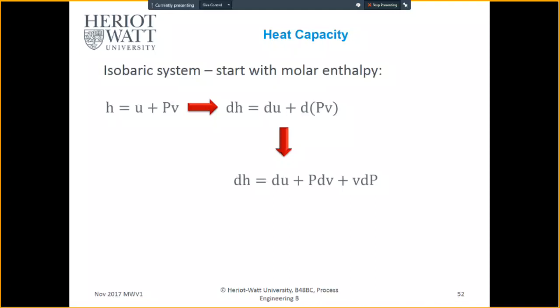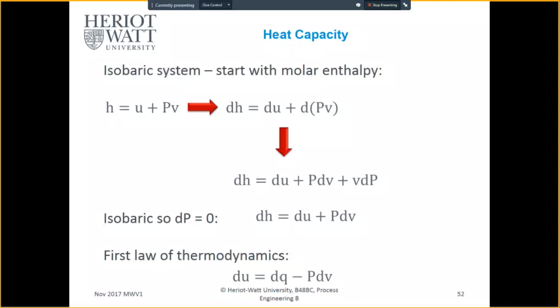And that continues to be dH equals dU, internal energy, plus PdV, which is the change in volume, plus VdP, because you have your change in volume and you have your change in pressure. Since dP equals 0, then for an isobaric system, the change in enthalpy equals change in internal energy plus PdV.